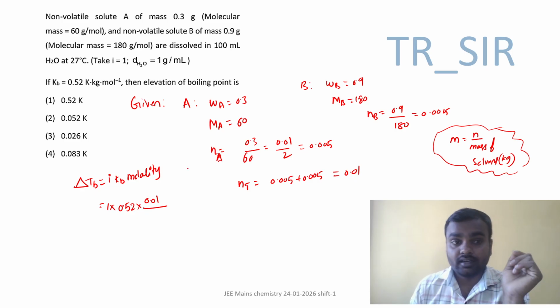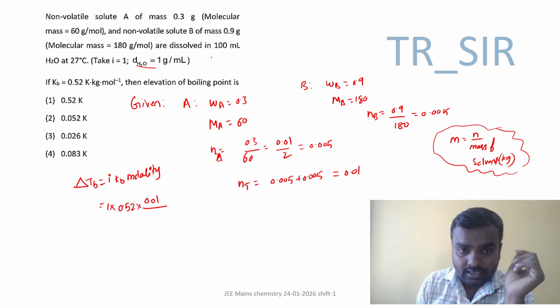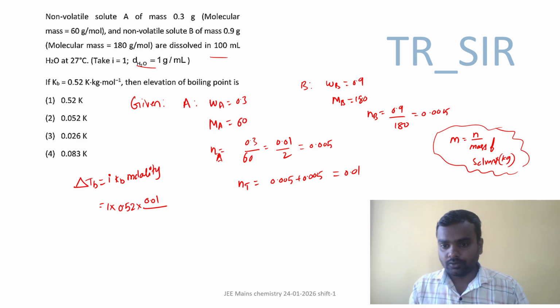How to find it? For that reason, they gave the density as well as the ml. So density is equal to mass of solvent by volume. Density is 1 gram per ml, and the volume is 100 ml. So ml cancels out, and 100 gram is the mass of solvent.